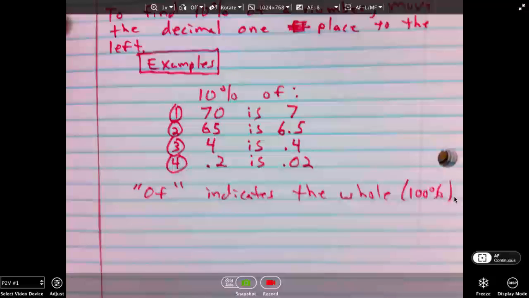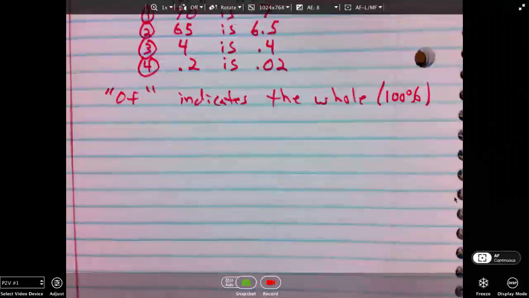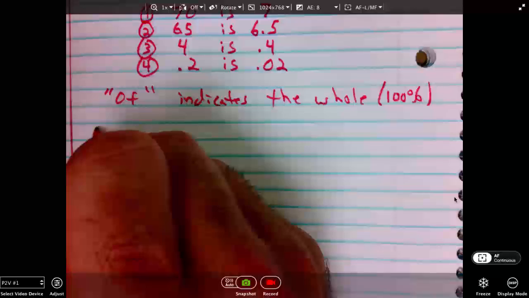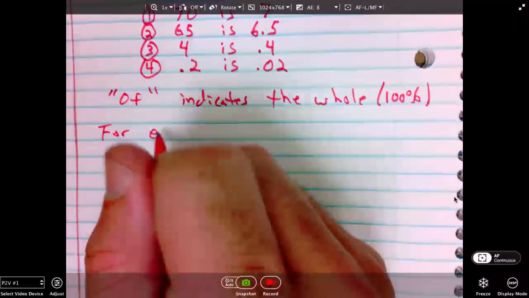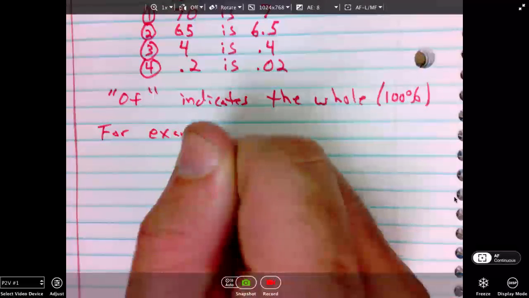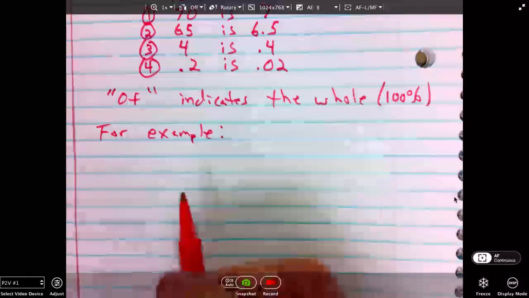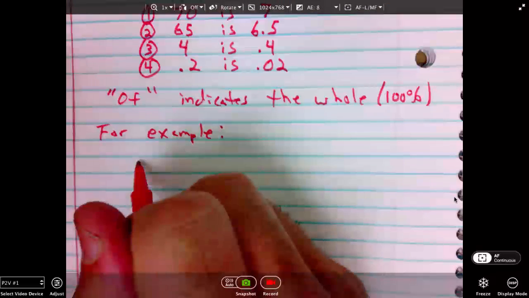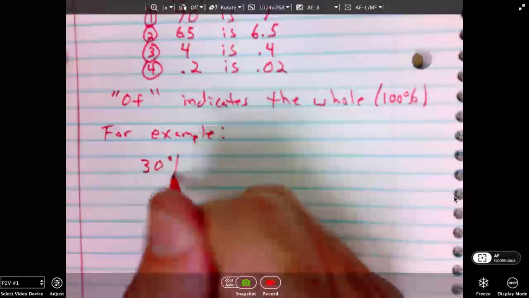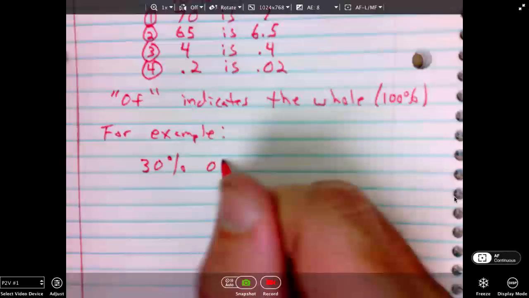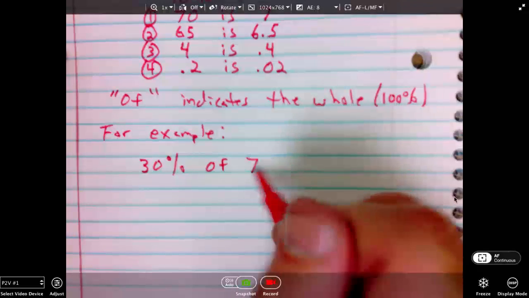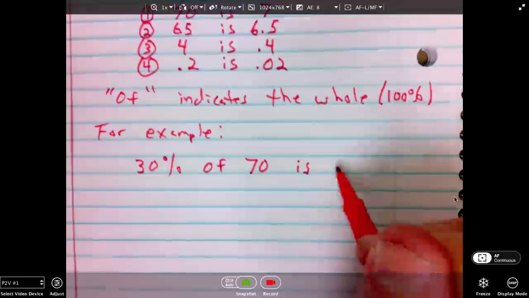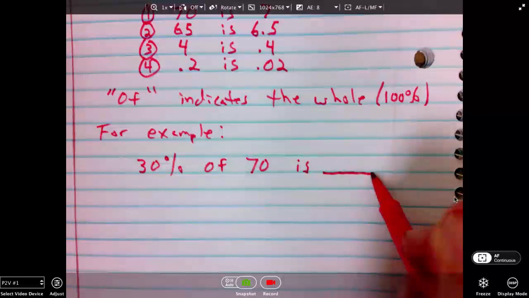For example, if the problem stated 30% of 70 is blank.